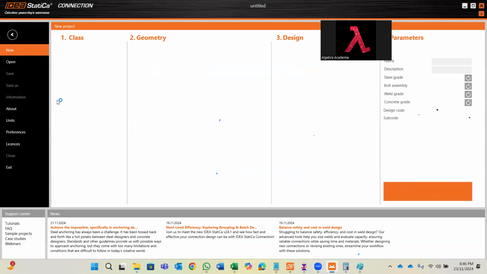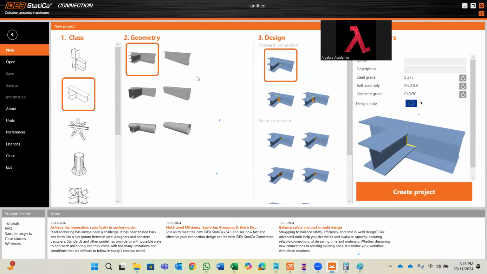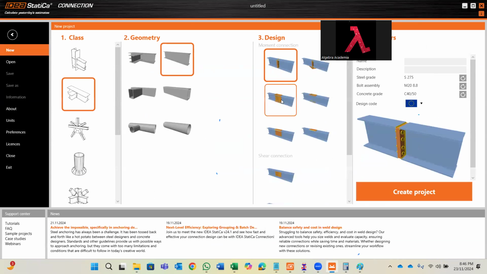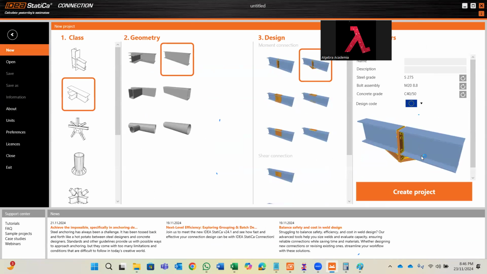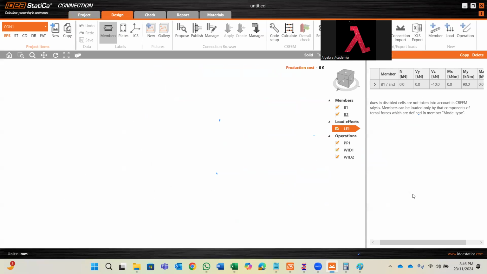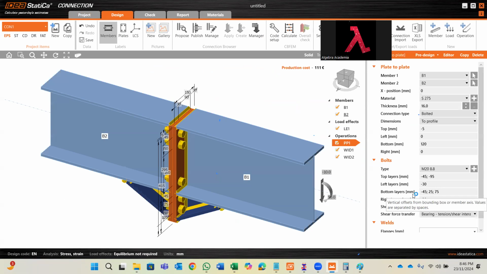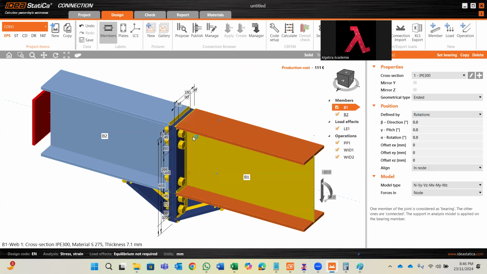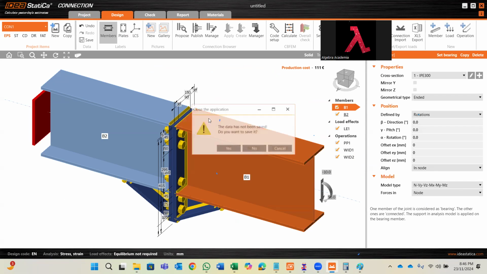So going back to the connection again. So beam to beam connections. Just a second, Amina. I'll close it again and open it.